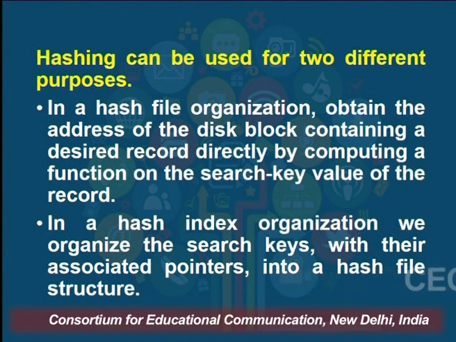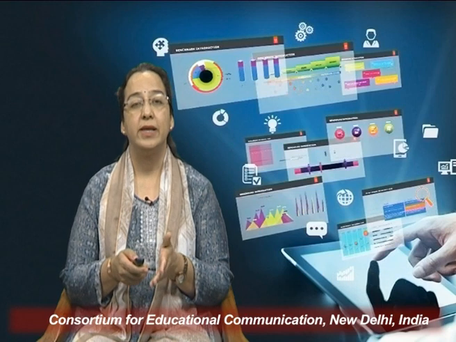And in a hash index organization, we organize the search keys with their associated pointers into a hash file structure. So, this could be a hash file organization, or a hash index organization. Both are valid techniques we can use in databases.